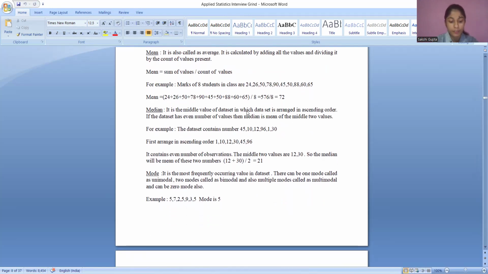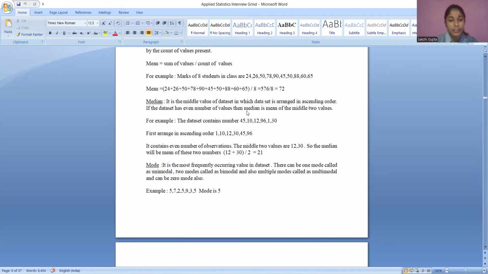Median. The median is the middle value when data is arranged in ascending or descending order. If there is an odd number of values, the middle one is the median. If there is an even number of values, take the average of the two middle values.